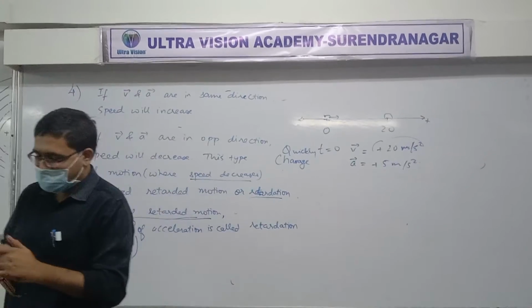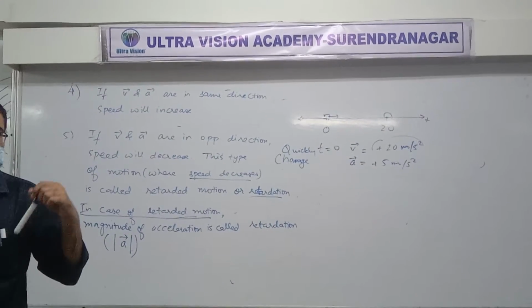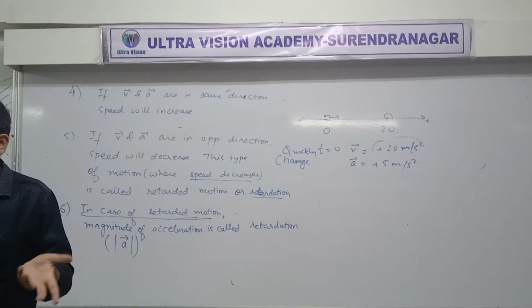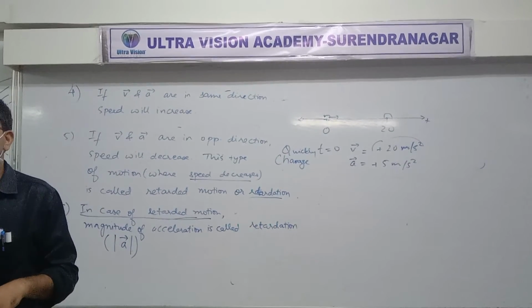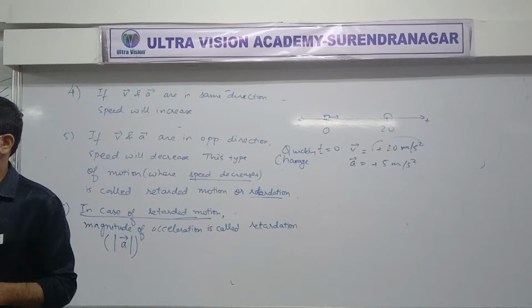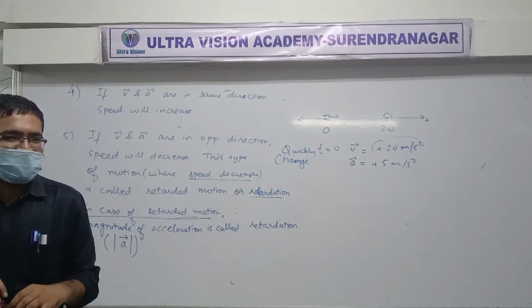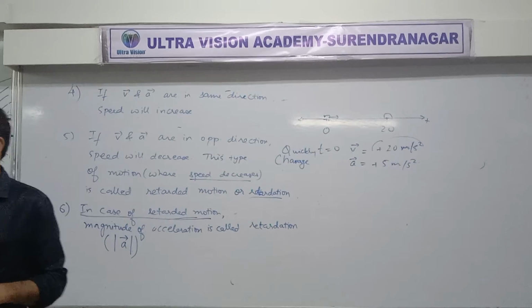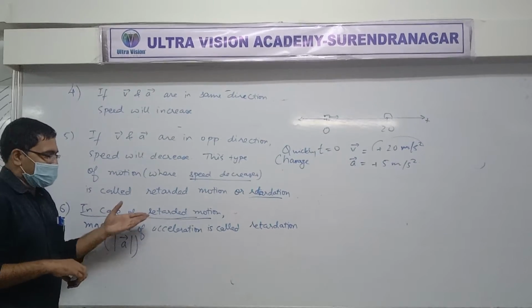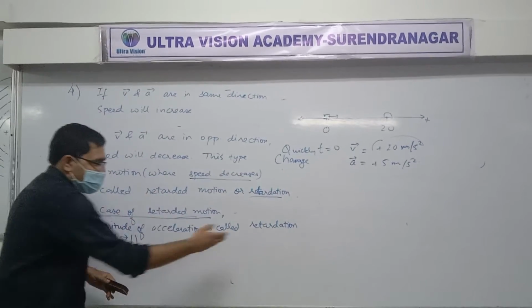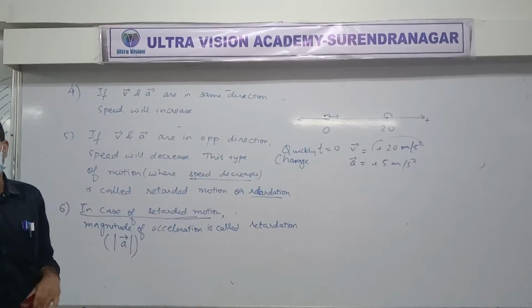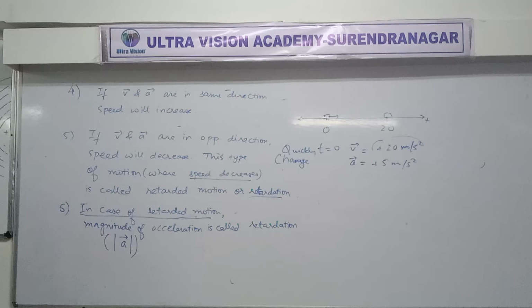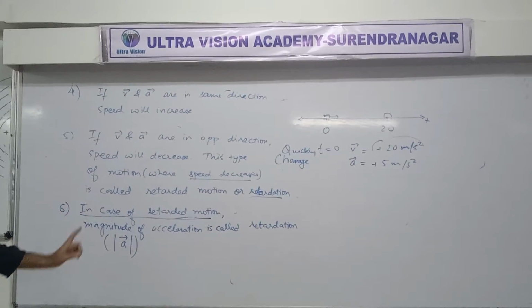It's like asking, what is the color of an elephant's egg? Answer. What is the color of elephant's egg? No color? Or there is no egg? No egg. Okay. So that's the thing. If it is retarded motion, only then you can define this. Otherwise, the question itself is wrong. Be careful about it. Alright, so that's about retardation.